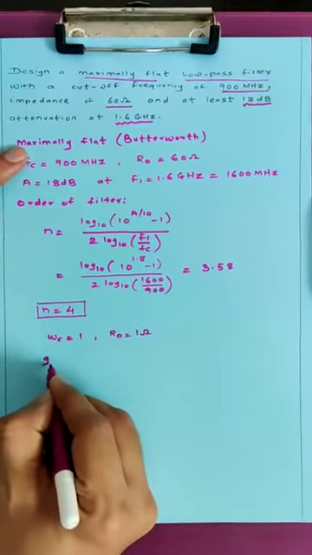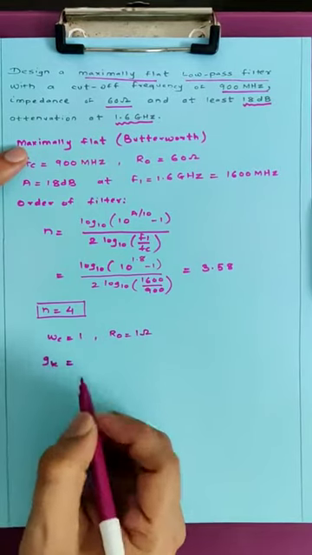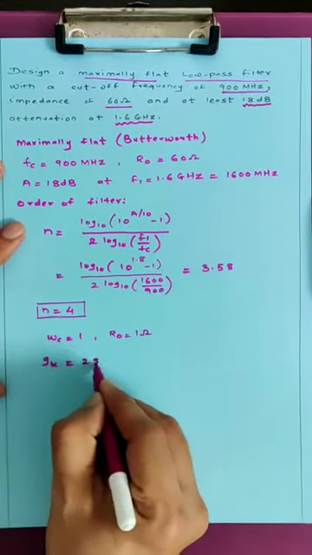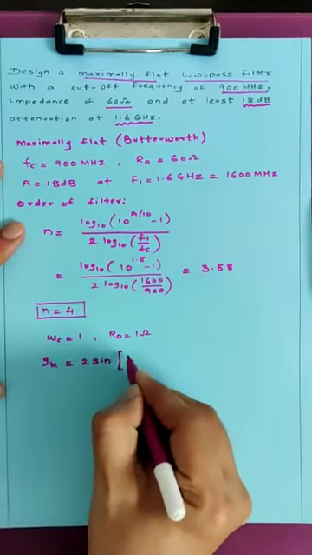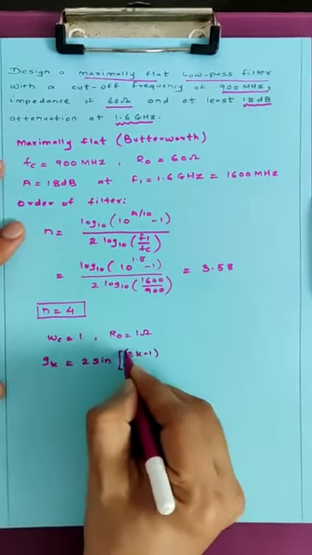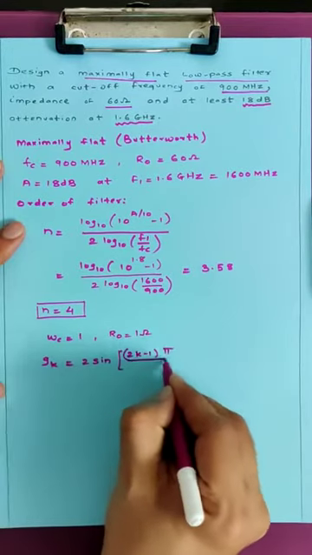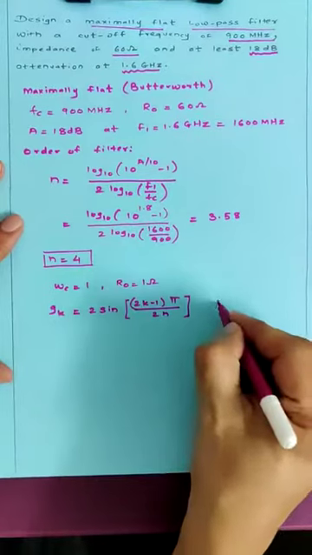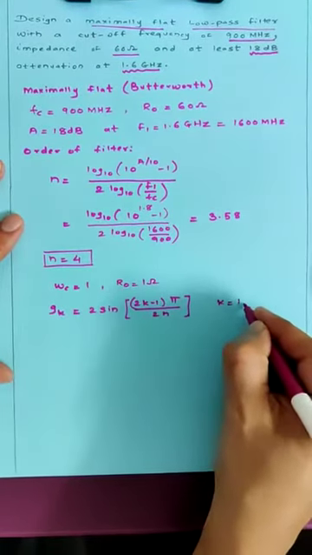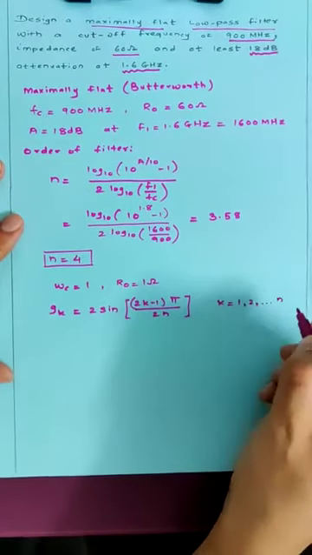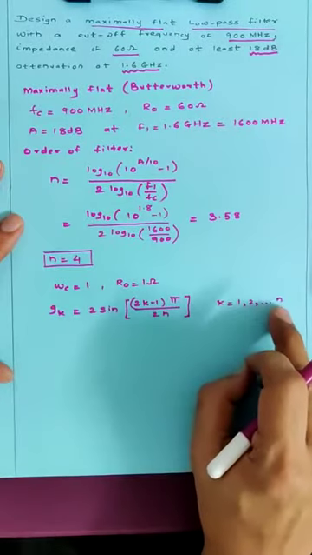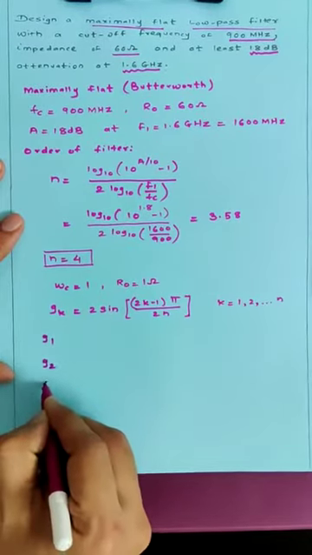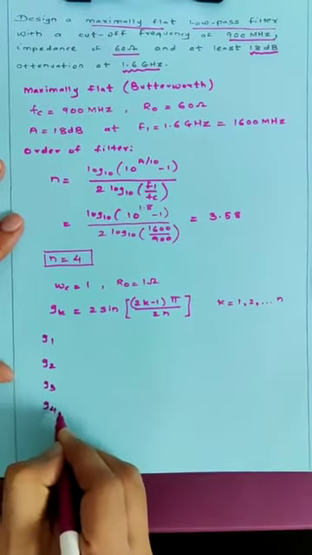They are denoted as Gk, and for the Butterworth filter the coefficients G are calculated as 2 sine of (2k minus 1) pi by 2n, where k runs from 1 to n. In this case it will be 1, 2, 3, 4. So I will be calculating these values G1, G2, G3 and G4.